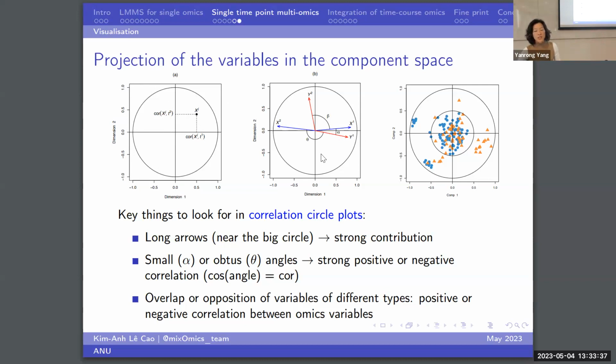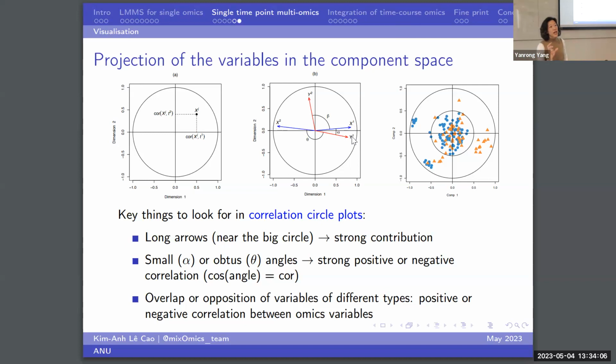What is interesting is that basically you want to have a high correlation, that's a long arrow, because that tells you that those variables are important in defining the component. So those two, x1 and y1, if I project them onto the x-axis, the first component, I can see the correlation is pretty high. So x1 and y1 contribute really well to define the component.